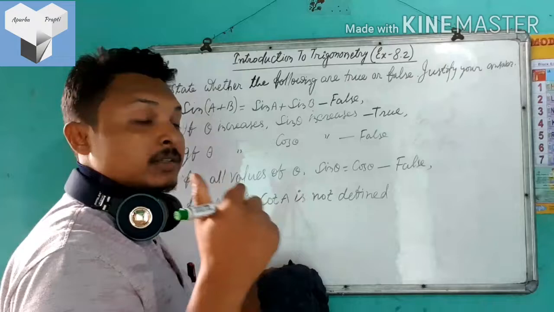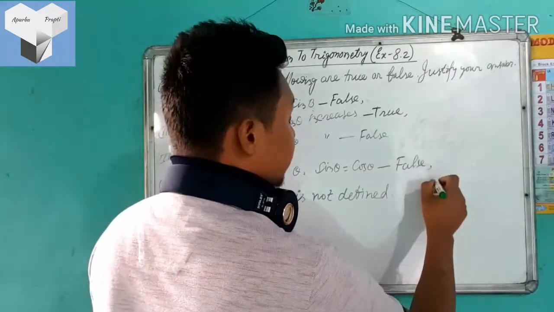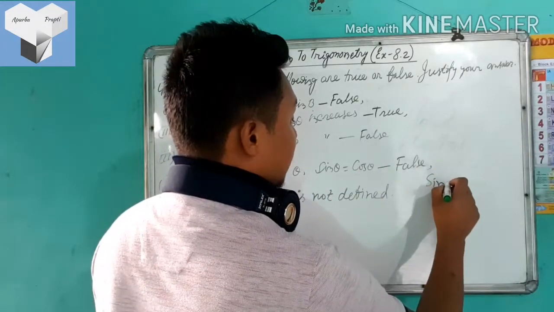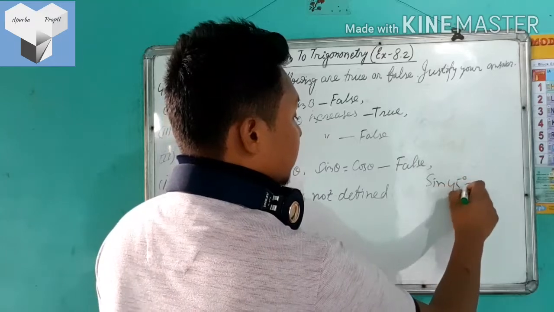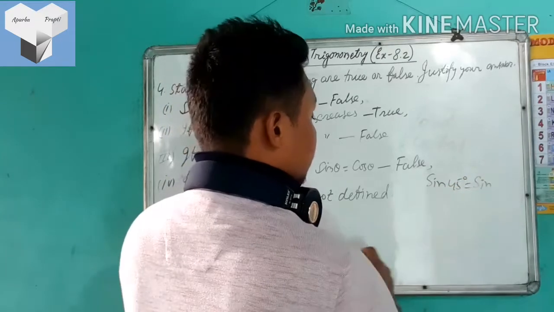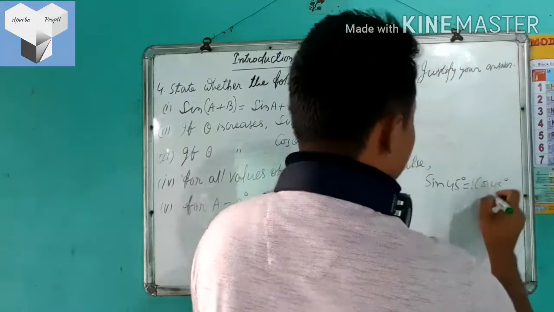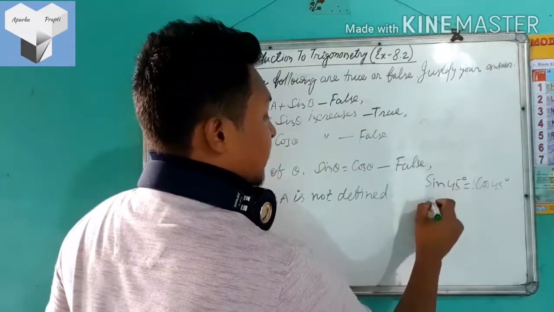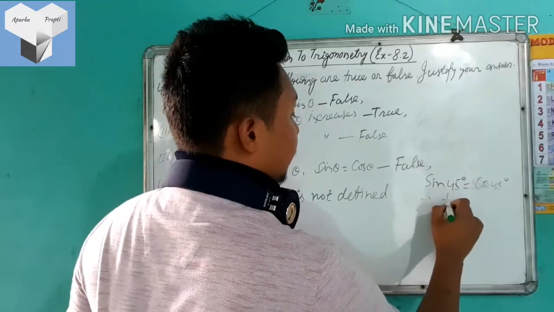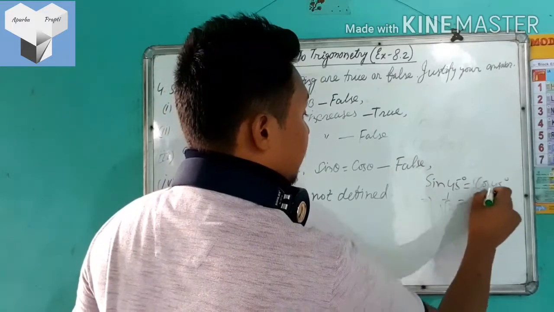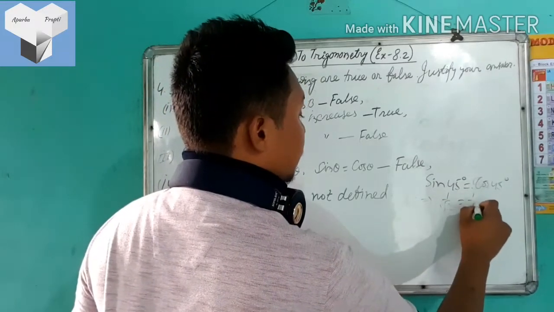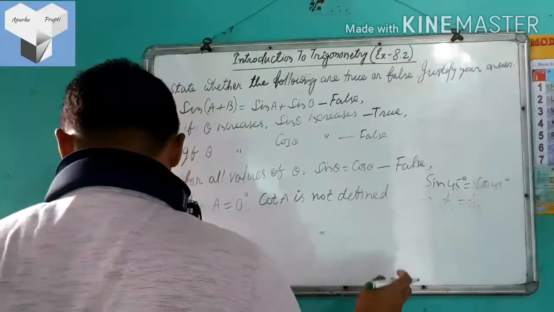Only in one condition is it true, when the value of theta is 45 degree. Then sin theta is cos theta, because sin 45 degree is 1 by root 2, and cos 45 degree is also 1 by root 2. So only in one condition this is true.